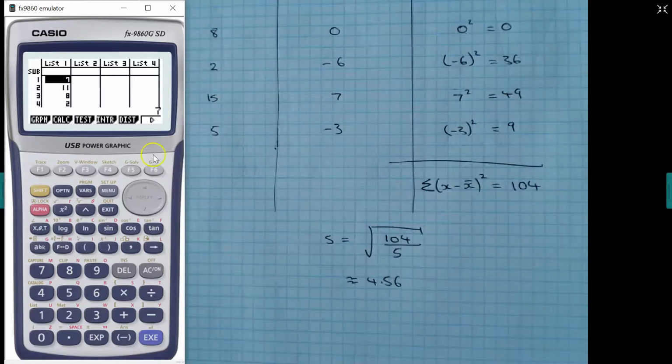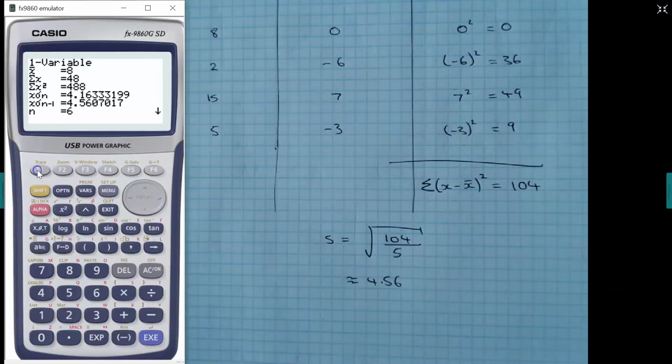So if I go calculate and then one variable, we can see our mean, our sample mean, is equal to 8. Then if we move on down, our number of points is equal to 6. And our, oops, I think I've gone past it.